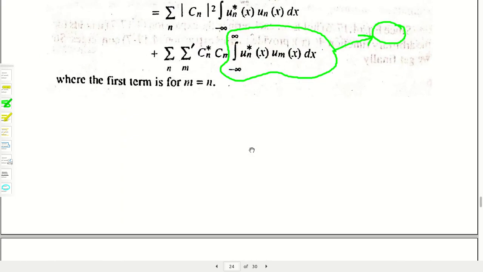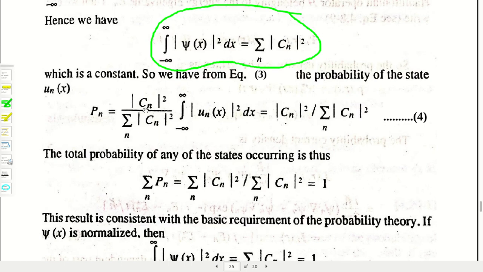In the upper part, Cn square is taken out of the integration, and at the denominator we have already found this term, sum over mod Cn square, and this is 1 again.